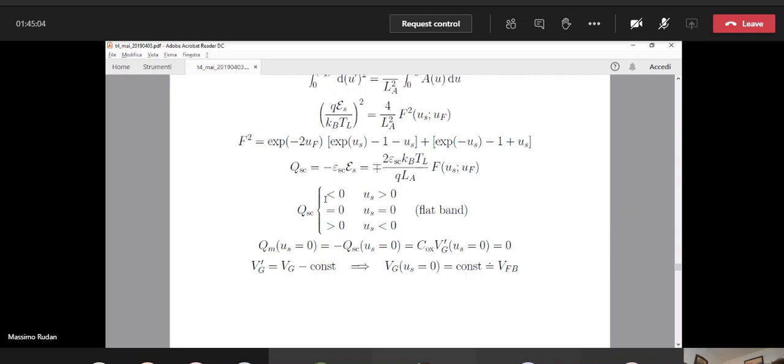Intuitively, you can think a positive surface potential attracts electrons, and the electrons are negative. When the surface potential is negative, the charge is positive. A negative potential attracts holes to the surface.